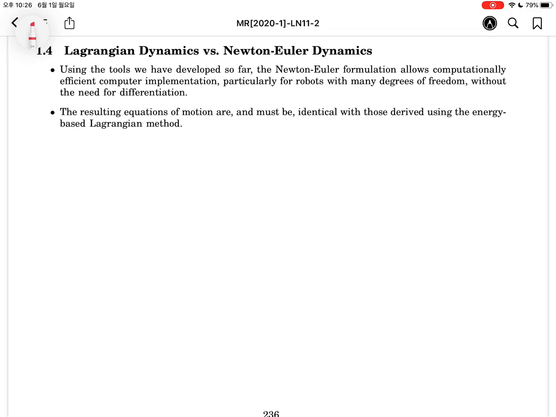The Lagrangian dynamics and the Newton-Euler dynamics are compared with each other by taking a simple example. The next section will be related to how to derive the Newton-Euler equation using the iterative method. Anyway, let's summarize 8.1.4. Using the tools we have developed till now, the Newton-Euler formulation allows computationally efficient computer implementation, particularly for robots with many degrees of freedom, without the need for differentiation.